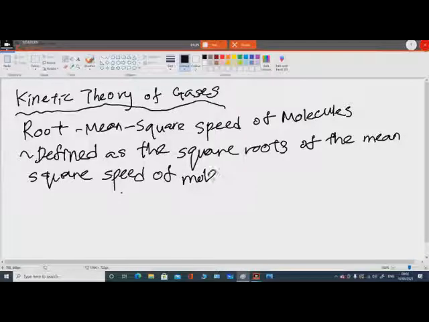So this is the definition for the root mean square speed of molecules.